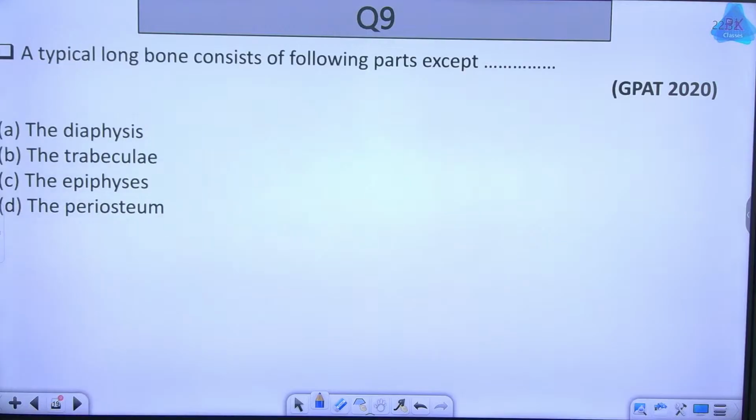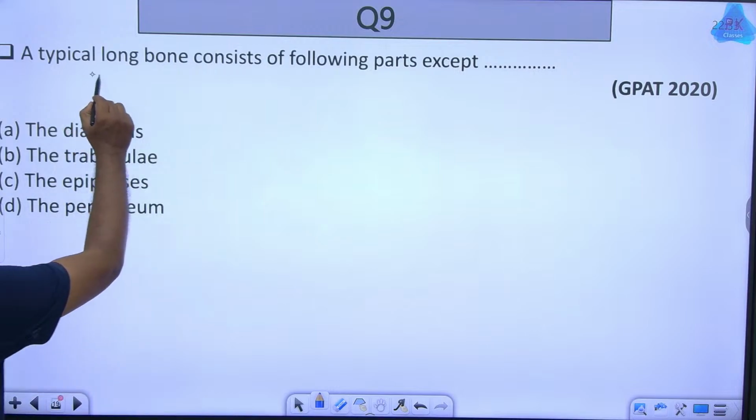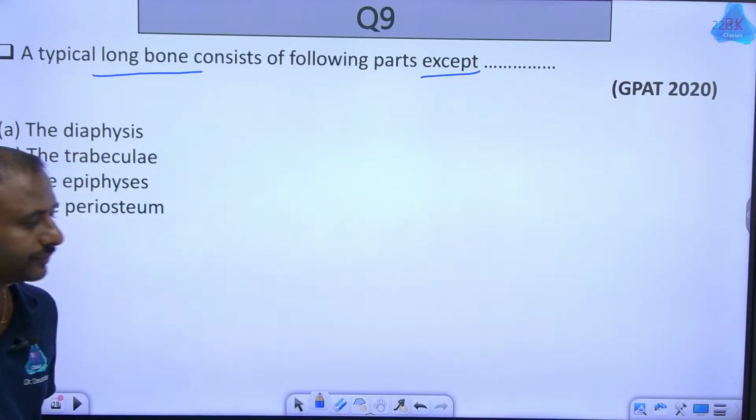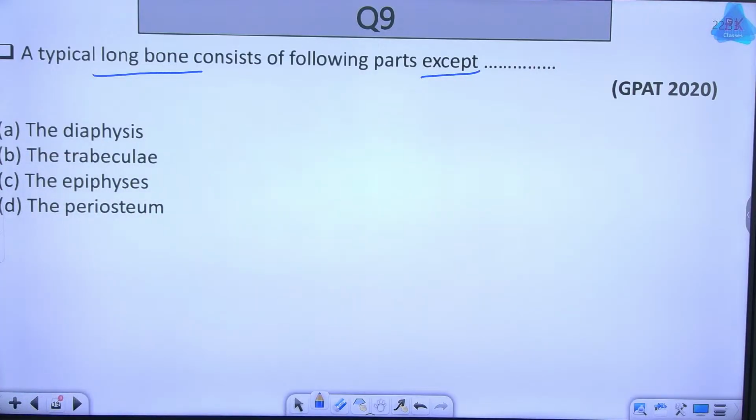A typical long bone consists of the following parts except... So all of them are giving the right answer.